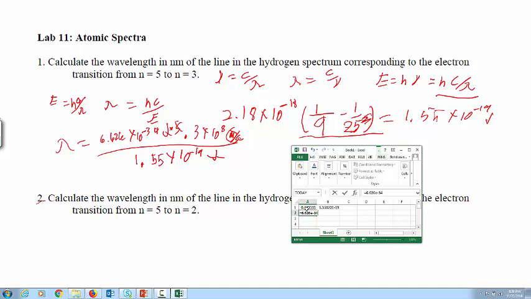That's 10 to the negative 34th times 3 times 10 to the 8th divided by, and I'll just divide by this cell here.